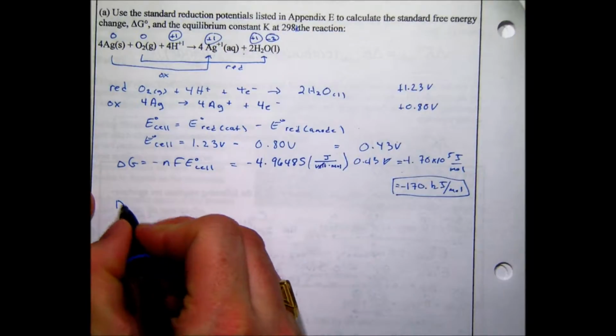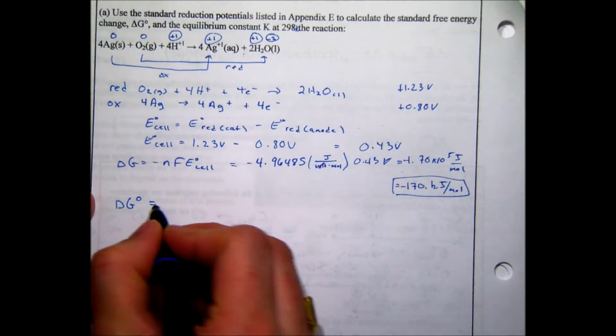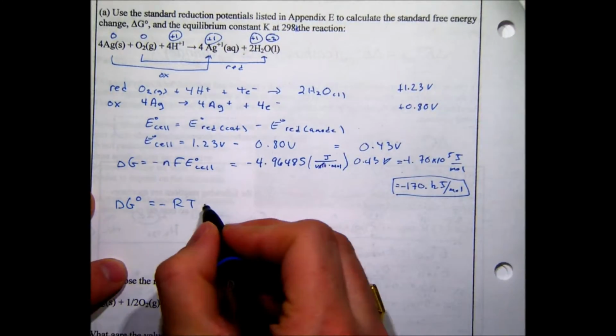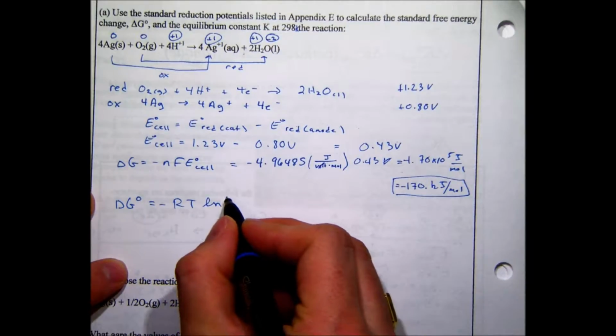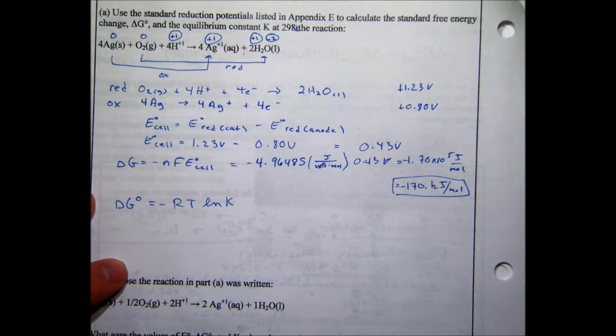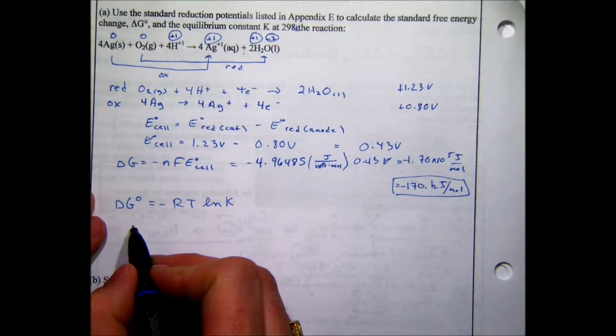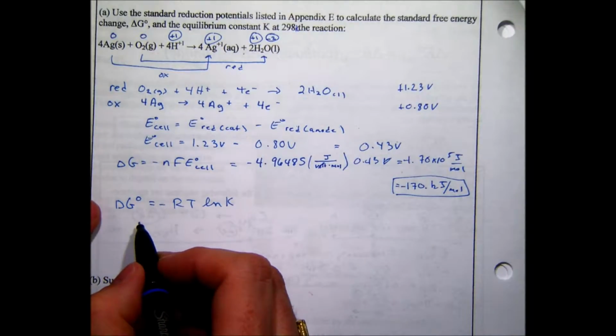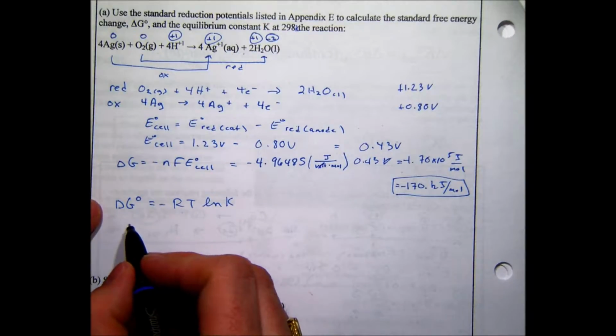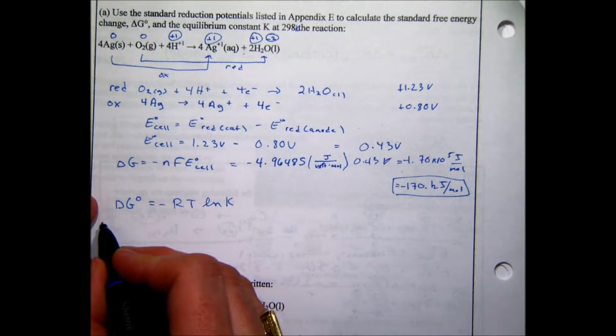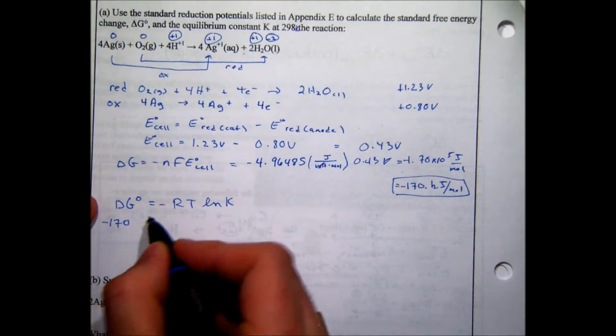Now, delta G standard is equal to negative RT ln K. So let's plug in our delta G, negative 170.